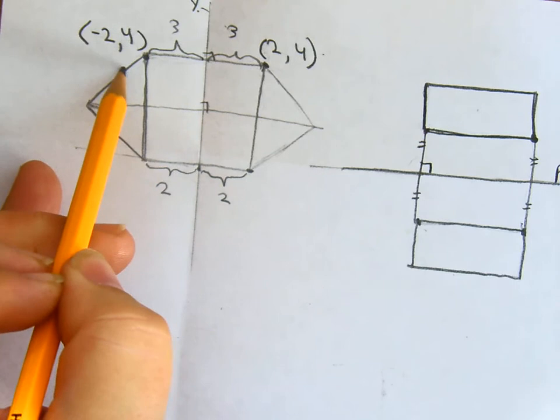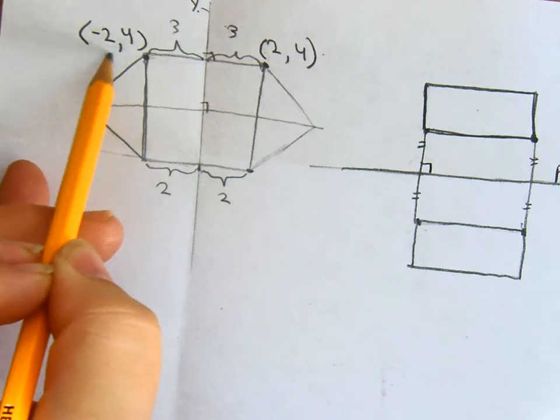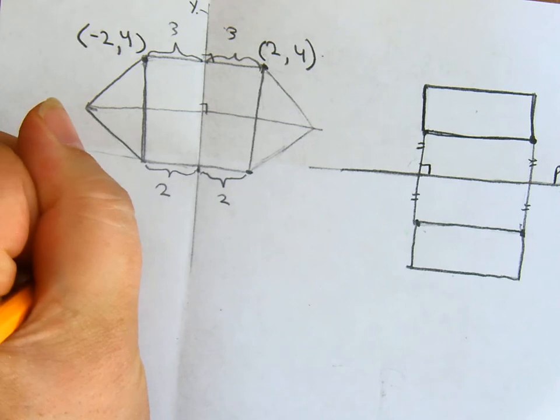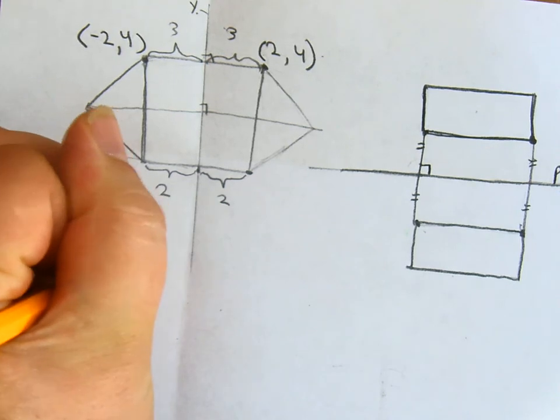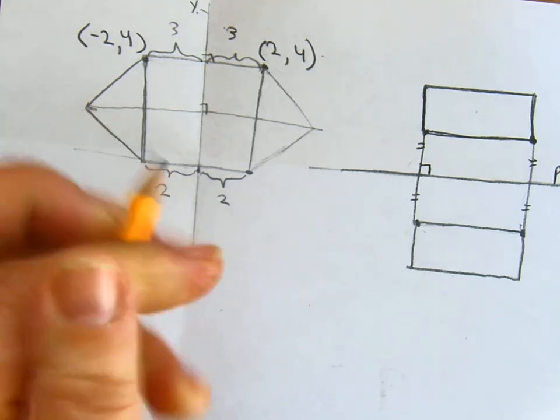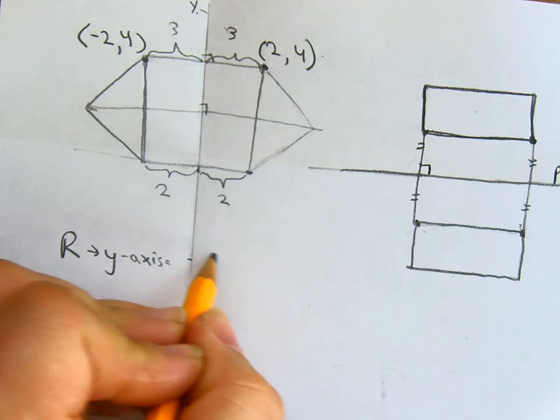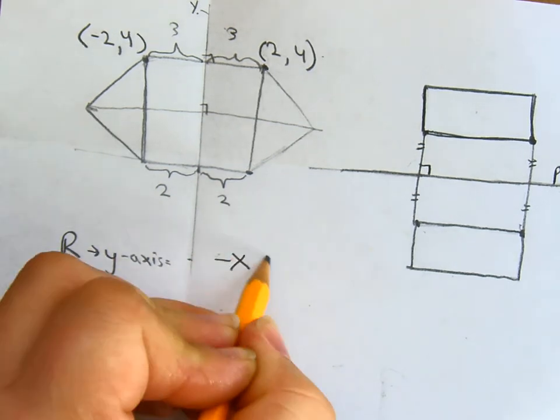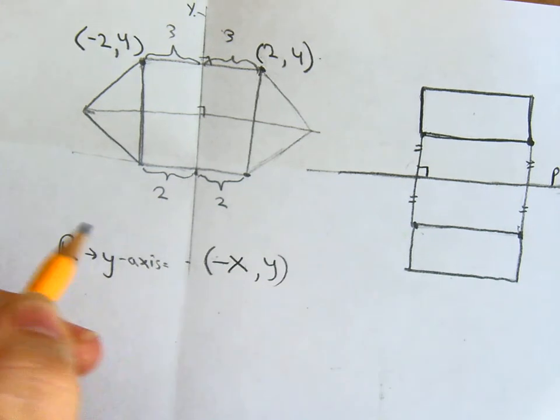So my point would have flipped over and my sign changed. So when you have a reflection across the y-axis, you get a negative x. Your x changes its sign, but your y's stay the same.